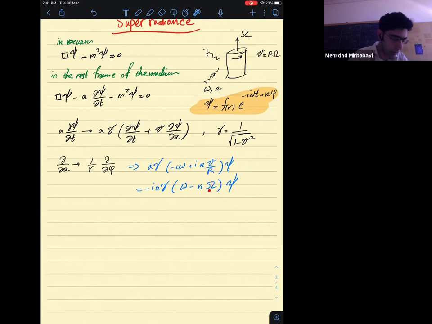Originally, if you didn't have this angular momentum term, or if you were in the rest frame in which this second term weren't there, this parenthesis would be positive. While now, you can imagine a situation in which omega is less than little n times big omega, and then the sign of this term flips. So what happens when the sign of this term flips? Remember, this was a dissipation term in the equation. When the sign flips, the dissipation becomes amplification.